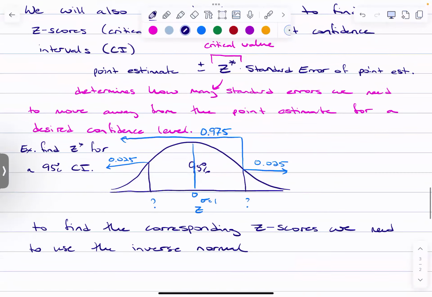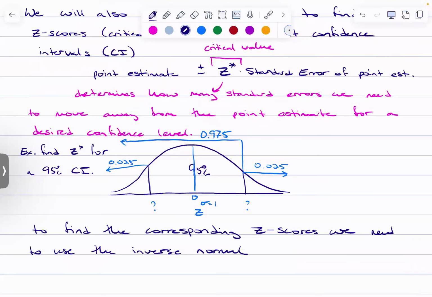My inverse normal wants the area, which is going to be the area to the left. So if I do it on my calculator, 0.025, it defaults to a Z, which has a standard deviation of 1 and a mean of 0. Let's click through, and I get negative 1.959964028.